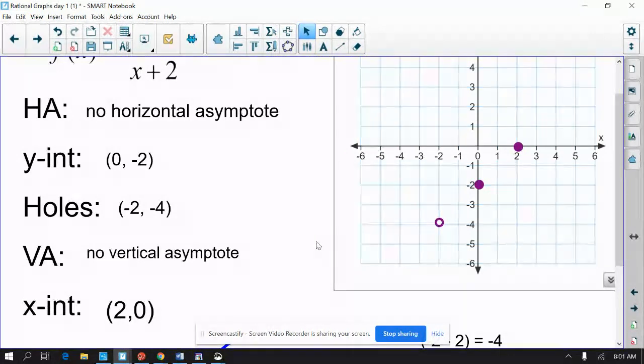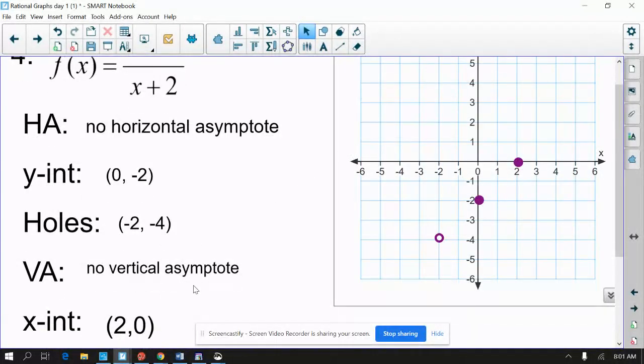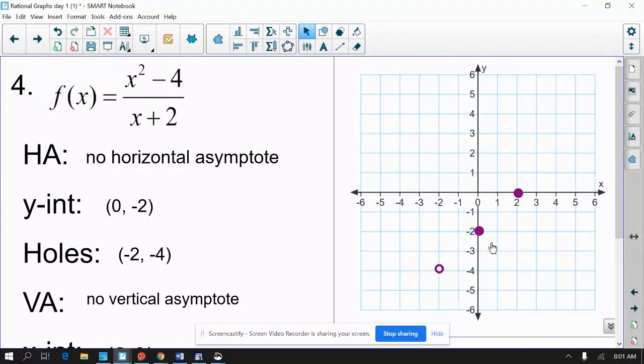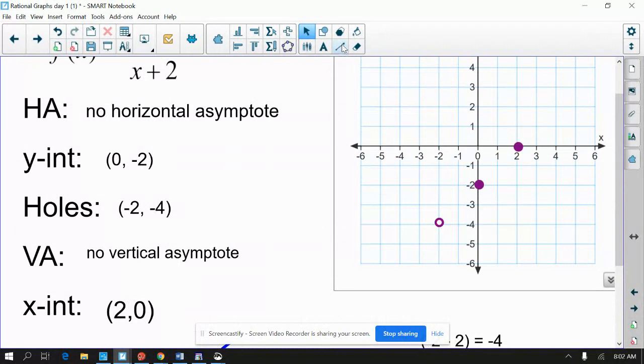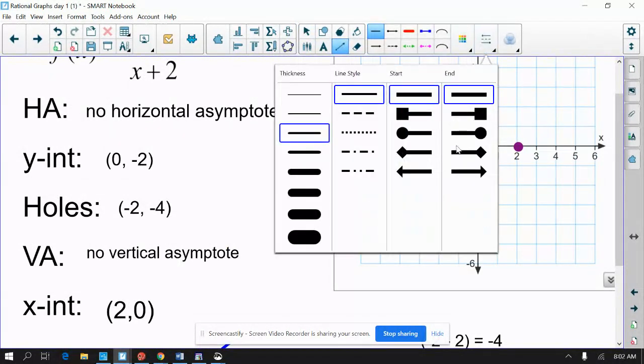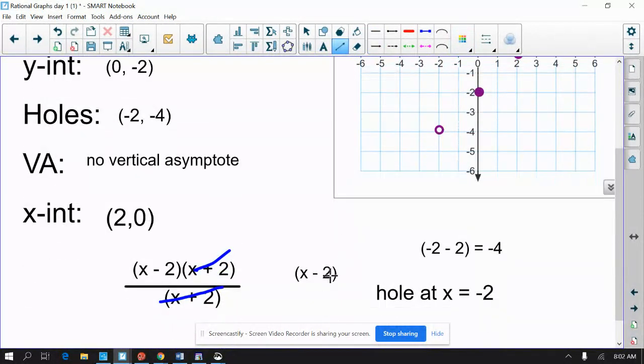And check out these 3 dots. Remember, there's no horizontal asymptote, so there's no horizontal line guiding my graph. There's no vertical asymptote, so there's no vertical line guiding my graph. In fact, after I factored and canceled out common factors, I was left with x minus 2. And you know what that is? That's a line. Y equals x minus 2 is a line, with a y-intercept of -2 and a slope of +1.